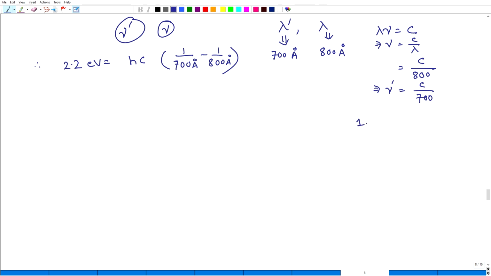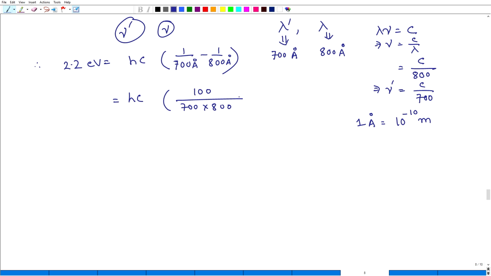We know that 1 Armstrong is 10 to the power minus 10 meter, right? So we can write it like this: 700 into 800, and here will be 100, right?